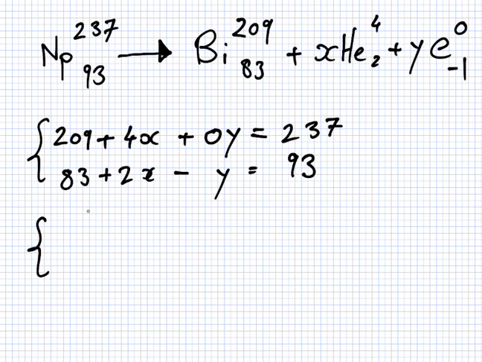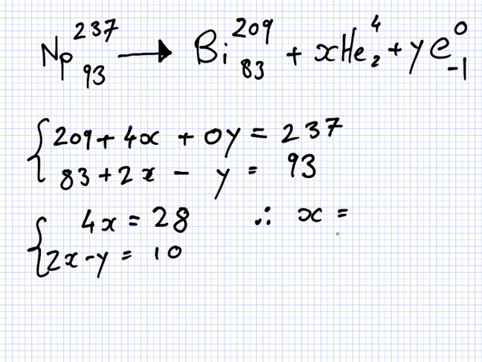So that means we have 4x equals 28, and we have 2x minus y equals 10. Therefore, x equals 28 divided by 4, 7. And if I put that in here, I get y would equal 14 minus 10, so then y equals 4.